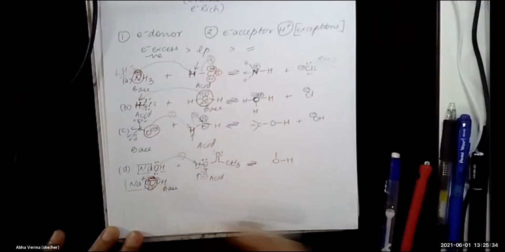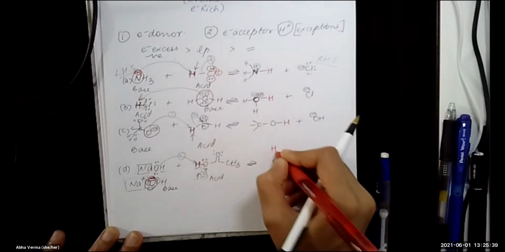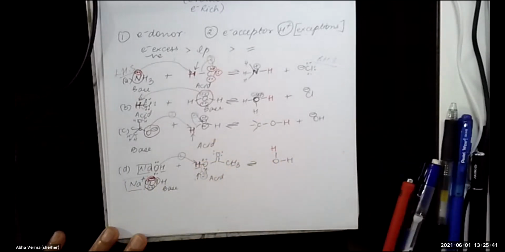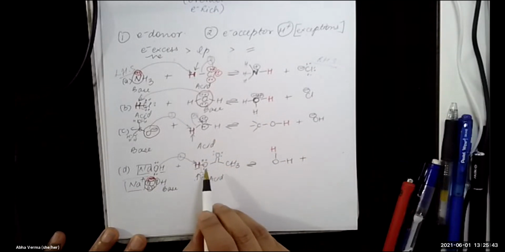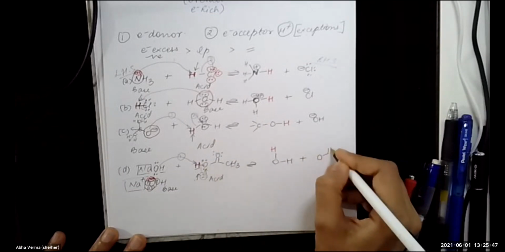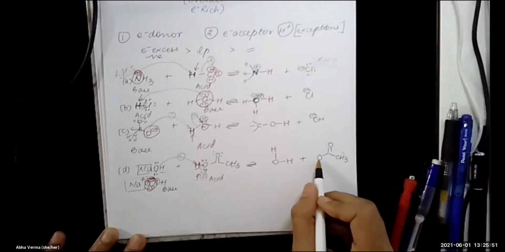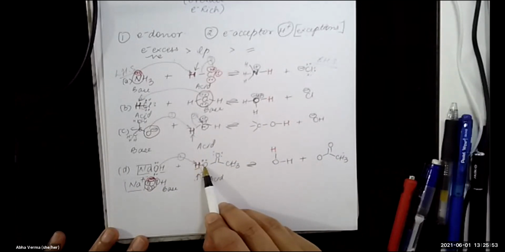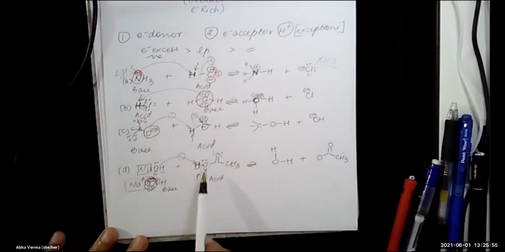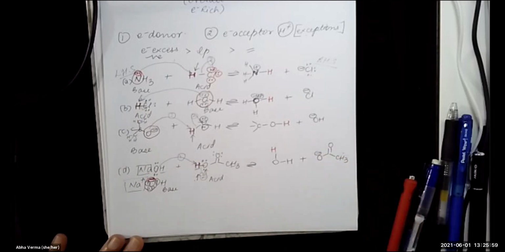So one of the OH will belong from here, and the acidic hydrogen will be right here. What is left? This oxygen is left. The rest of the molecule is left. And because my hydrogen left this oxygen with both the electrons, this will be having a negative charge.